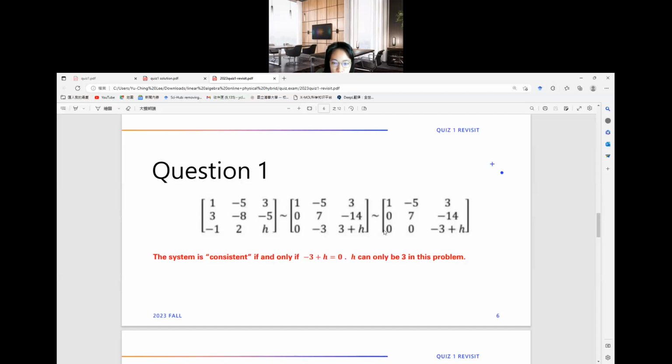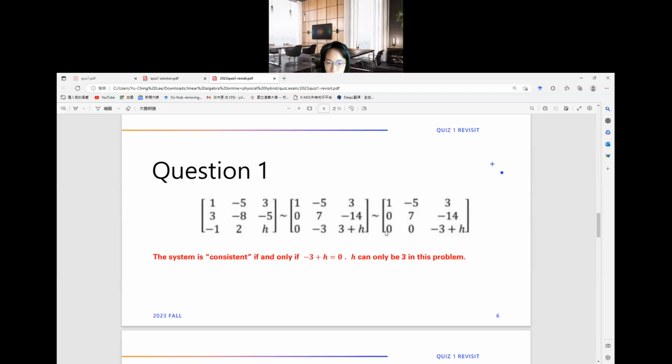This is an echelon form because the lower triangular part, these 3 values are zeros, and it satisfies all the requirements of the echelon form. So I can start to evaluate the value of h. In order to make this system a consistent system, the bottom line, the third line, has to be a solvable equation.